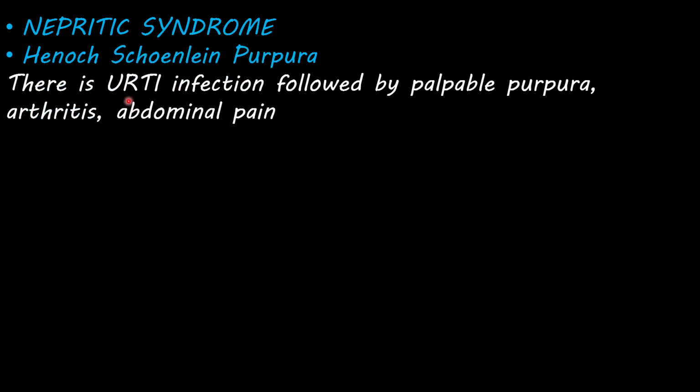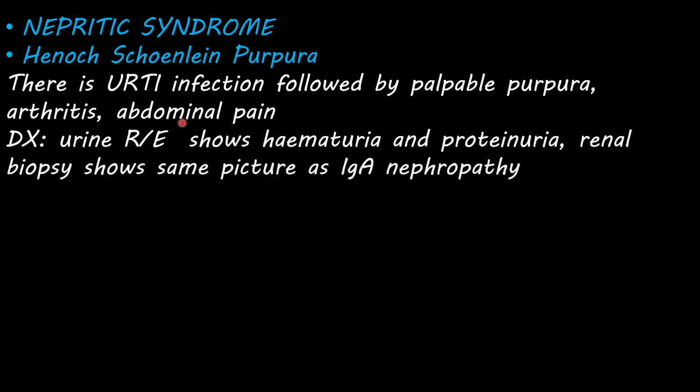Now let's discuss Henoch-Schönlein purpura. There is usually an upper respiratory tract infection followed by palpable purpura, arthritis, and abdominal pain. Urine will show hematuria and proteinuria, and renal biopsy shows the same picture as IgA nephropathy.